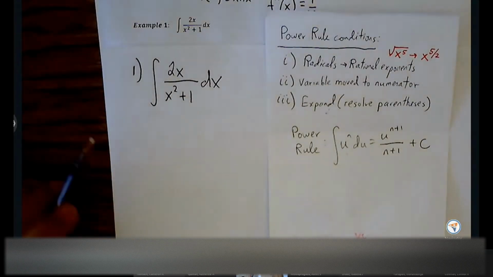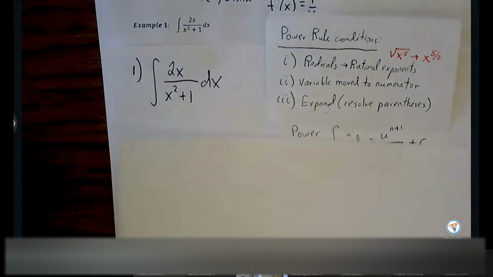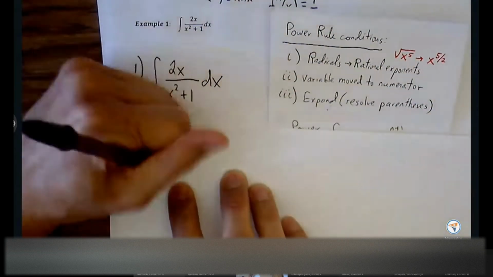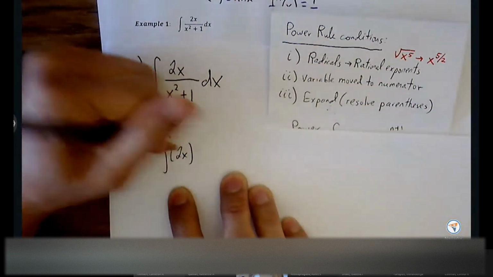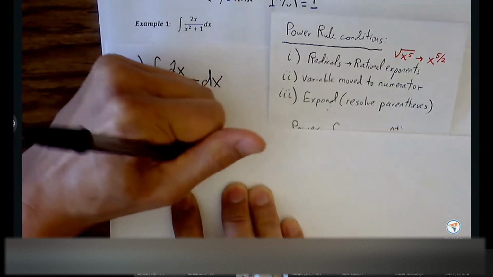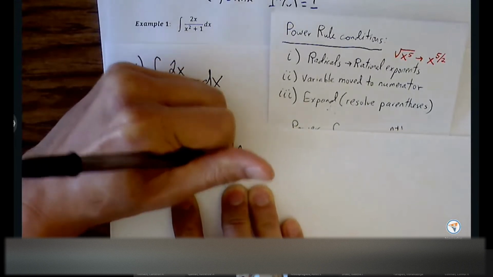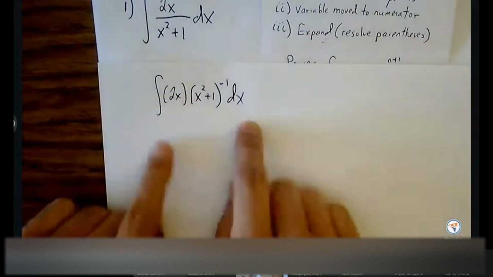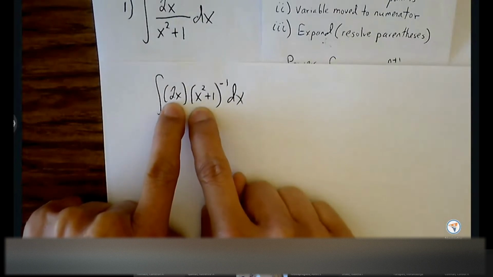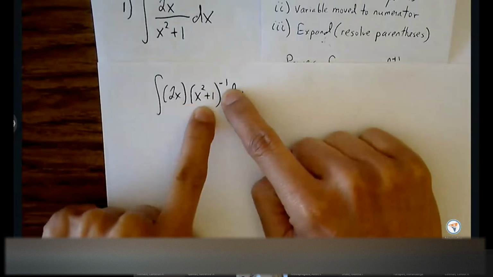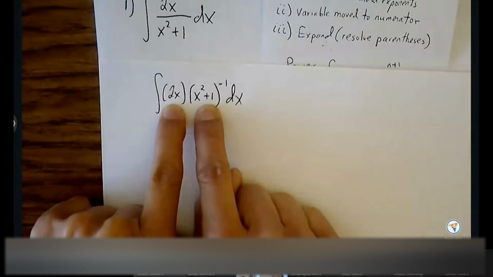So here's the issue. If I move the bottom to the top, it's going to be something like 2x times x squared plus 1 to the negative 1. And we're going to be stuck not being able to expand, because this negative 1 is unresolved and we can't distribute through.